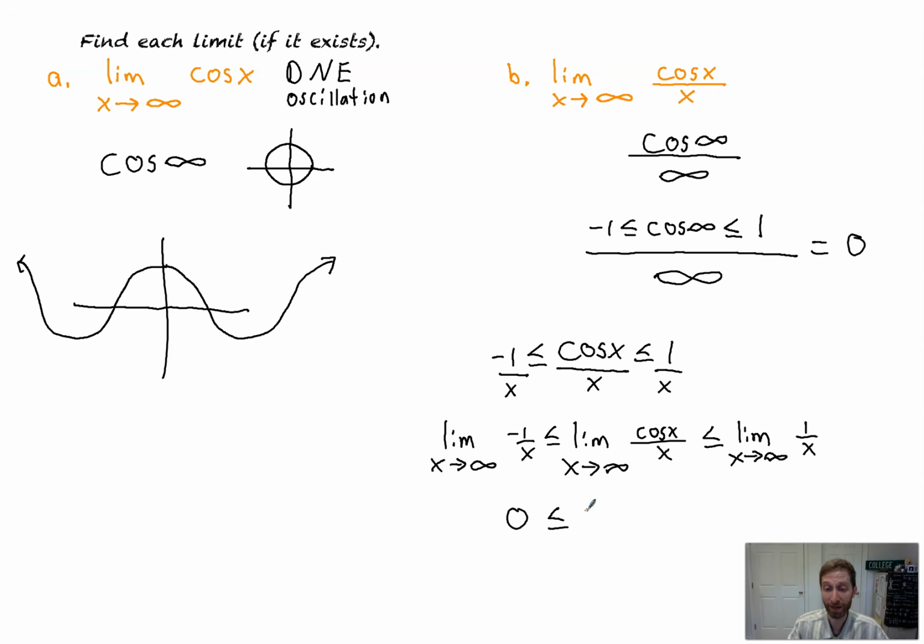We don't know what this limit is in the middle. We have no idea. It's pretty rad though, I know that. And then on the right side here, the limit as x goes to positive infinity, that's 1 over huge, that's 0. So there's nowhere for this limit in the middle to go but to 0. So therefore, the limit as x goes to infinity of cosine of x over x has to equal 0. That is known as the Squeeze Theorem.